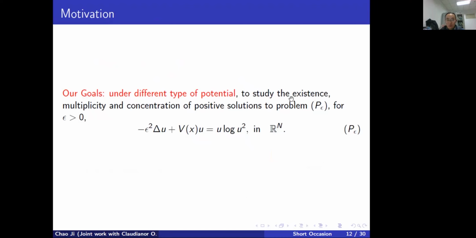Our goal is to study the existence, multiplicity, and the concentration of a positive solution to this problem, a logarithmic Schrodinger equation in the semi-classical setting. Okay, this is important.